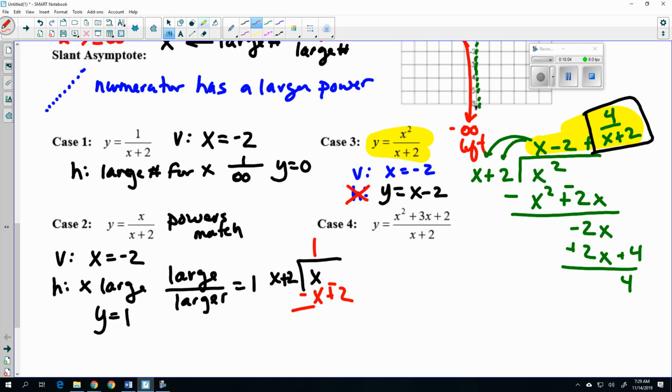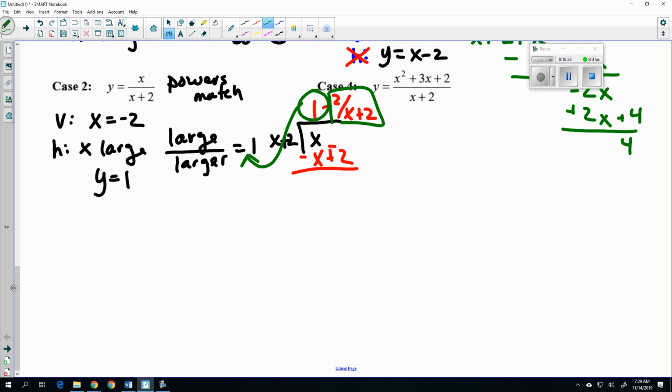I'm going to subtract. Does it still work out that this piece goes to 0 and what's left? And that's what I got. So you could long divide every time if you wanted to. Maybe you don't like to long divide. So what do you do on 4? Yeah, I think we kind of talked about that one without realizing what we were referring to.